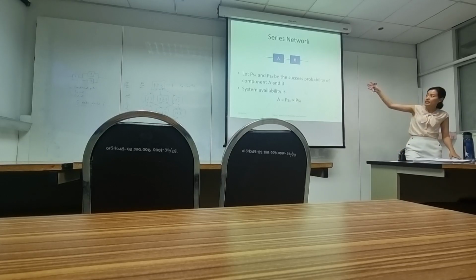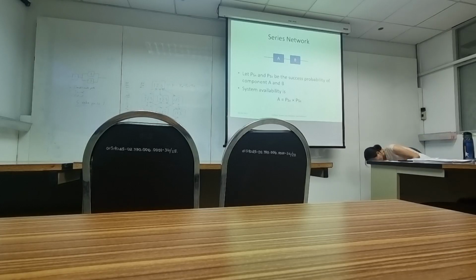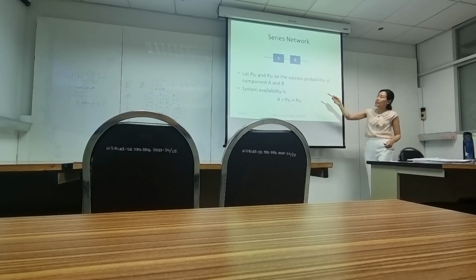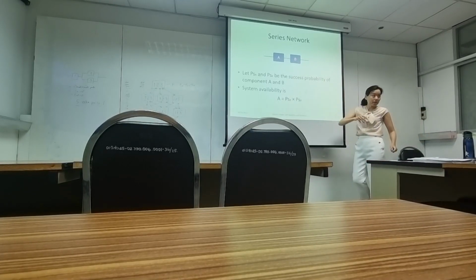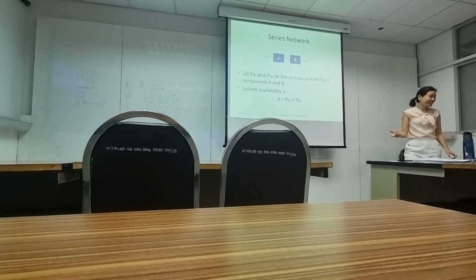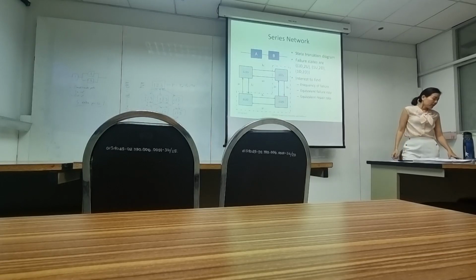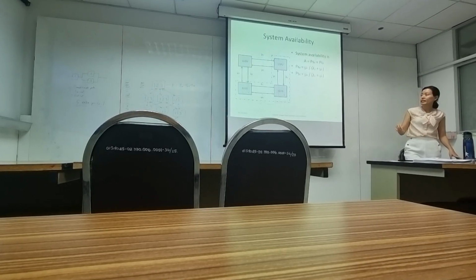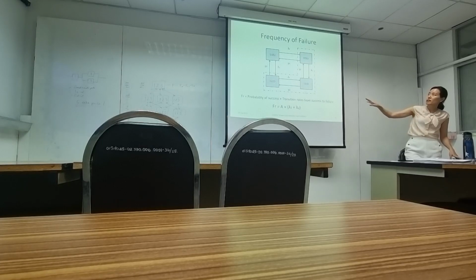Like if you have a series network, the availability will be just the probability of being up here multiplied by the probability of being up, and then the failure probability is just 1 minus that, okay? For a series network, you can find the frequency of failure as well, like in the picture that we showed you earlier. So this is the system availability, and this is the frequency of failure that you can calculate.